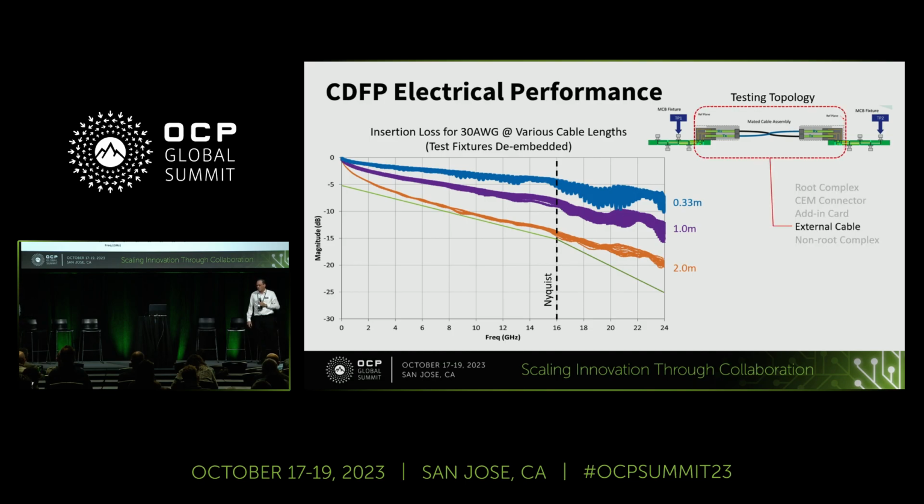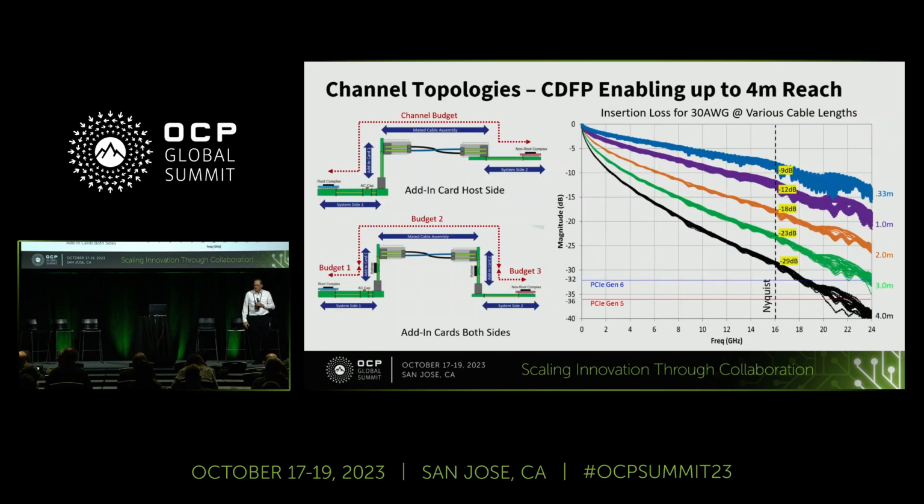However, that's only one part of an actual PCIe channel. That's really where the budget comes from, where each of the individual components are added up to make up the whole budget. But as you start to architect systems, things can be a little bit different than what the spec would have you believe.